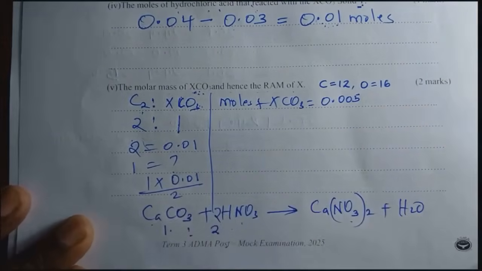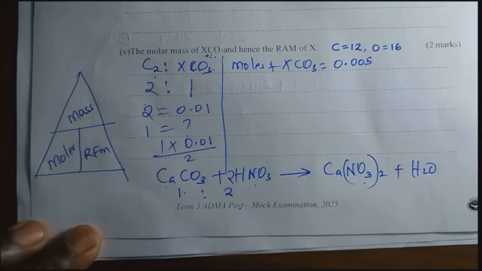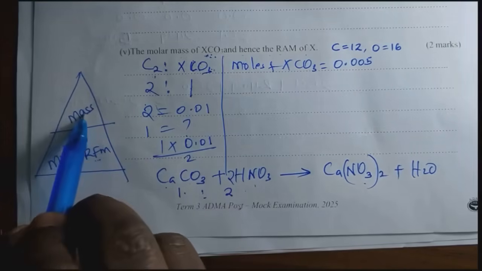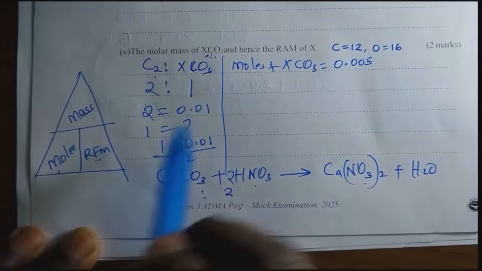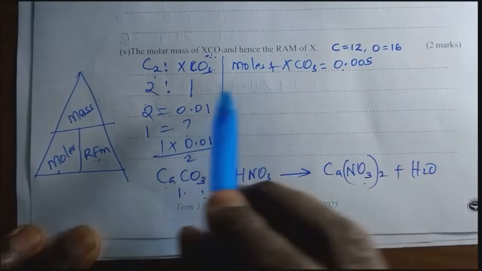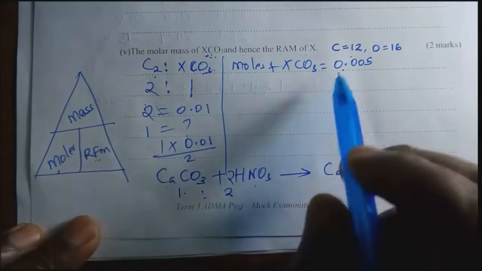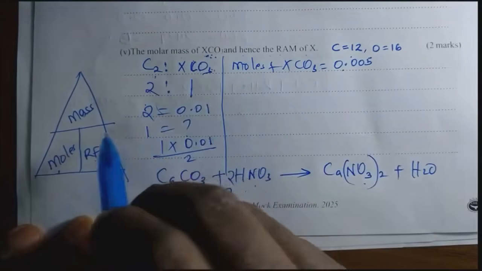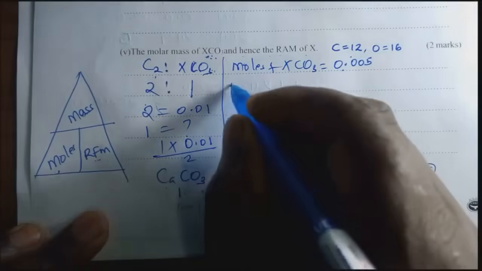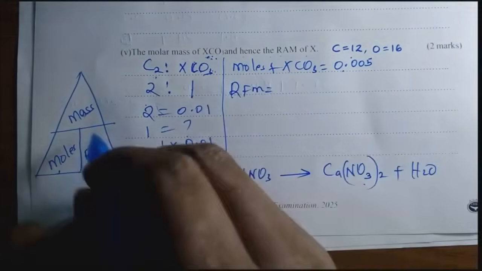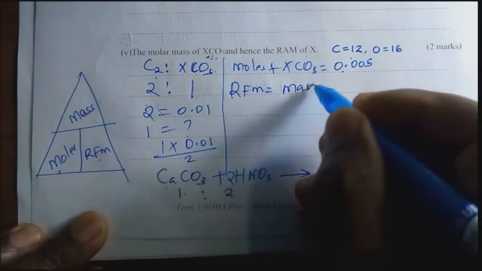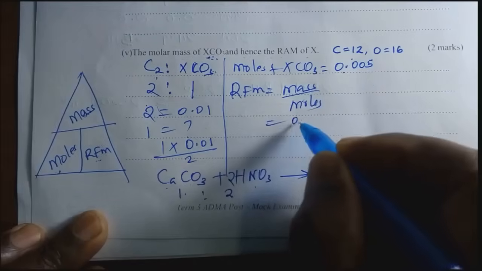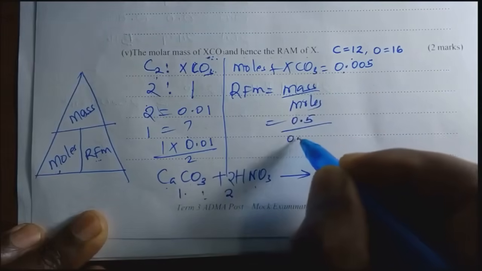From this triangle, we know that RFM is equal to mass over moles, because we now have moles and we have the mass of the X carbonate. We were given that the mass of the X carbonate was 0.5. You go back to what you are provided and refer. So RFM is equal to mass over moles, that is 0.5 divided by 0.005, and that gives you 100.